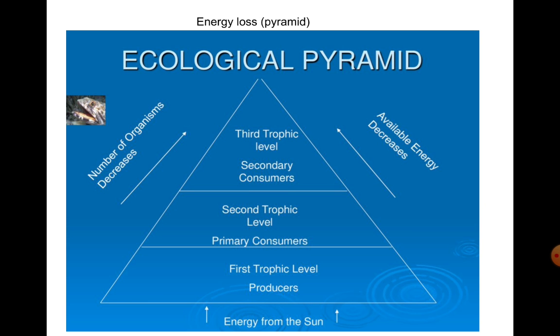So, when we look at the ecological pyramid, when we move up, the number of organisms decreases and also the available energy decreases. So we get the energy from the sun, and then we move up from first to second to third trophic level.